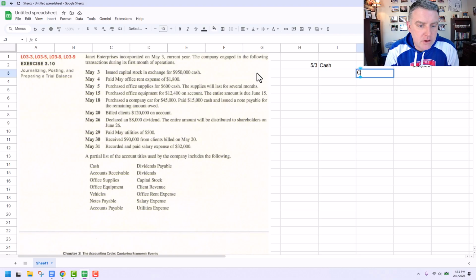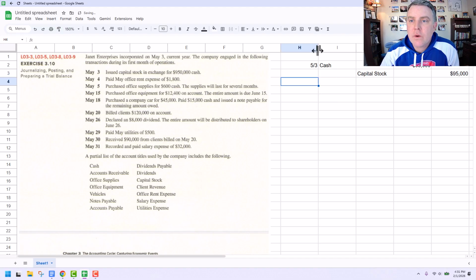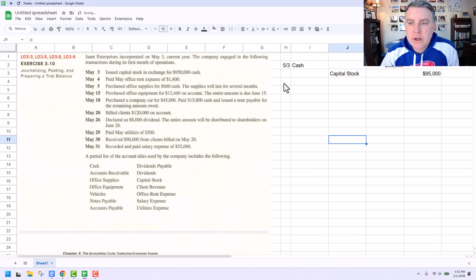They give us a list of accounts that they use, and capital stock is the name of the account that we want to use here. This is the name of the account we use when there's investment. $95,000. Okay, so we have our first journal entry recorded.